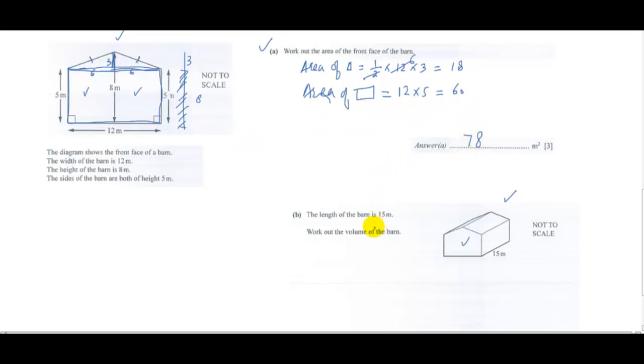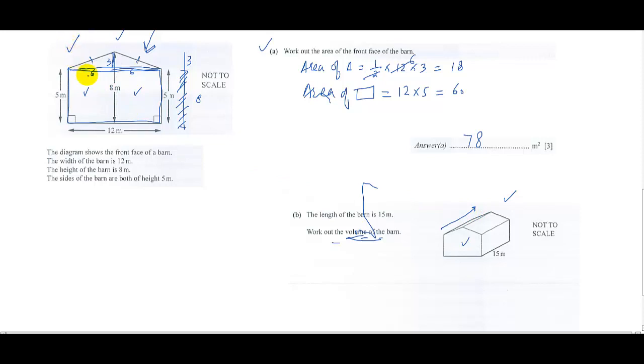In the next part, we have to find the volume of this bar. Okay, and students, if you can observe, this bar is a prism. How? If we cut this bar from front to back, we will have this type of cross section.